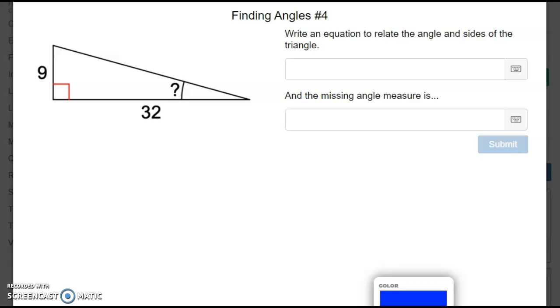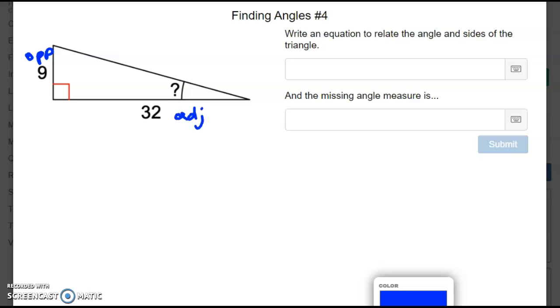Next, write the equation that relates the angle and sides of this triangle. This time you need to identify the sides. Again, this is across from the reference angle, so this is opposite. And this is right next to the reference angle, so this is my adjacent.